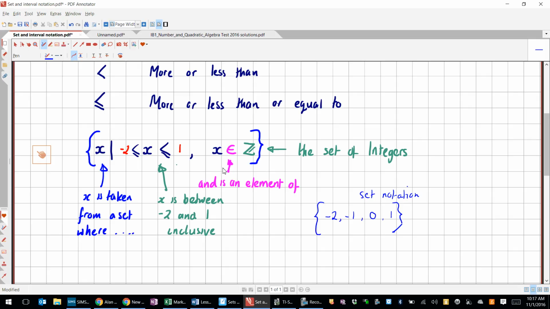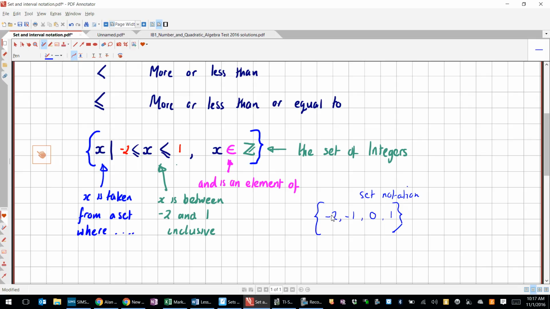So if x is only an integer between minus 2 and 1, which numbers can that be? Minus 2, minus 1, 0, 1. So this bit and this bit are the same, just written in a different way. This is the long-winded official way of writing it, but this is the numbers.